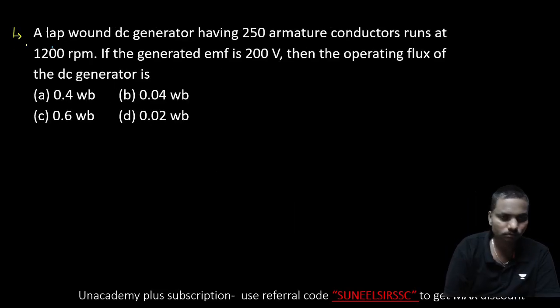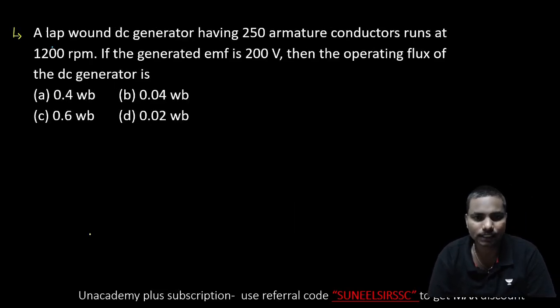A lap wound DC generator having 250 armature conductors runs at 1200 RPM. If the generated EMF is 200 volt, then the operating flux of the DC generator is dash. They are asking the operating flux, and armature conductors, speed and generated voltage are all given.